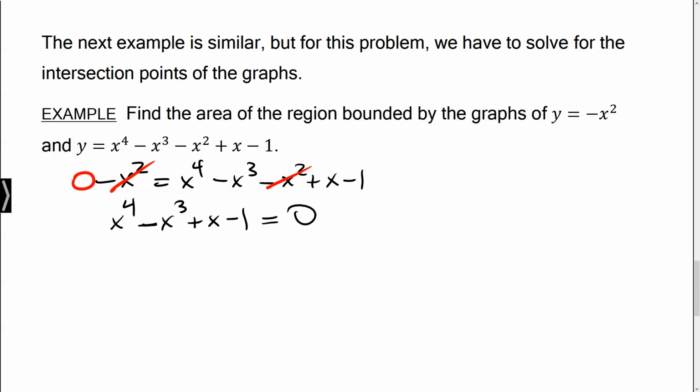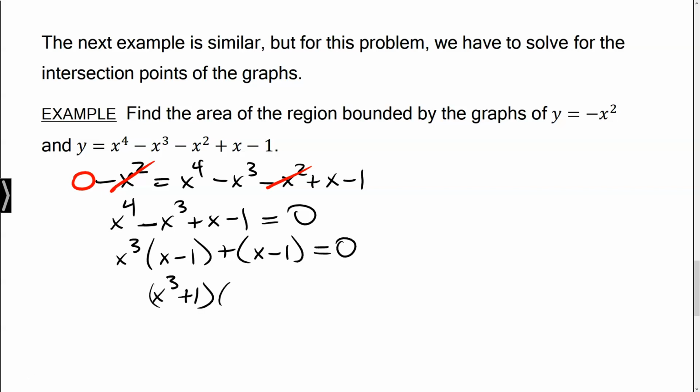And this, fortunately, we can do by factoring by grouping. If we factor out x cubed here, then we get x cubed plus 1 times x minus 1, and this is saying x cubed has to be negative 1, so that's x equals negative 1, or 1. Okay, so we do end up with those 2 points.